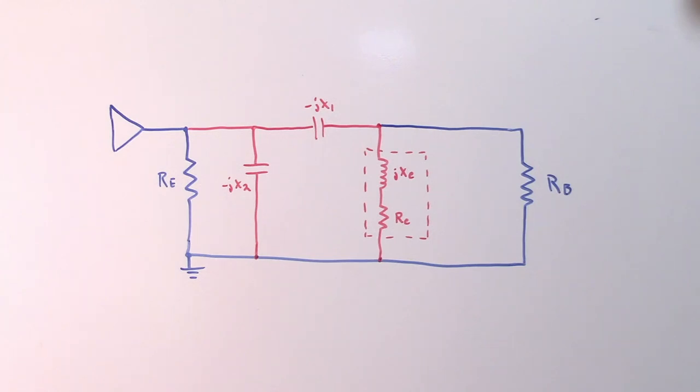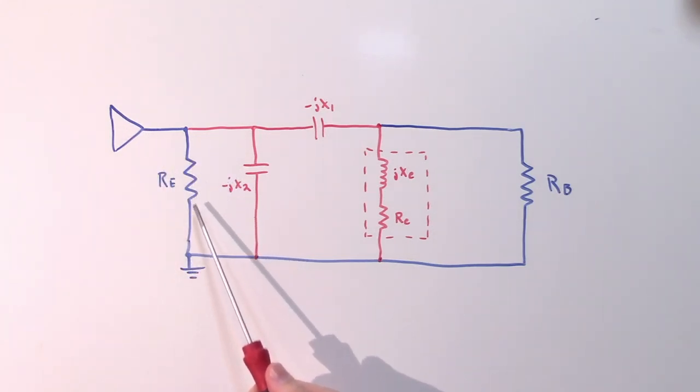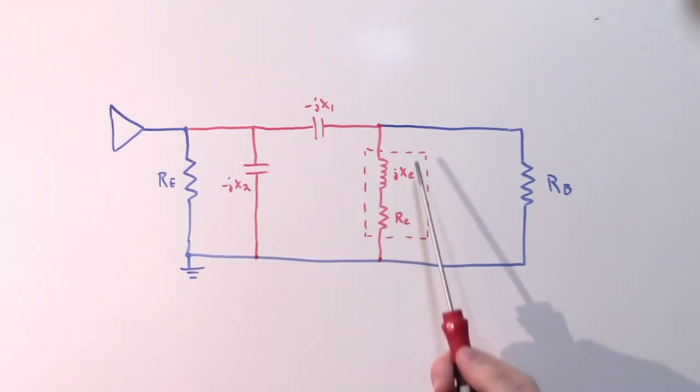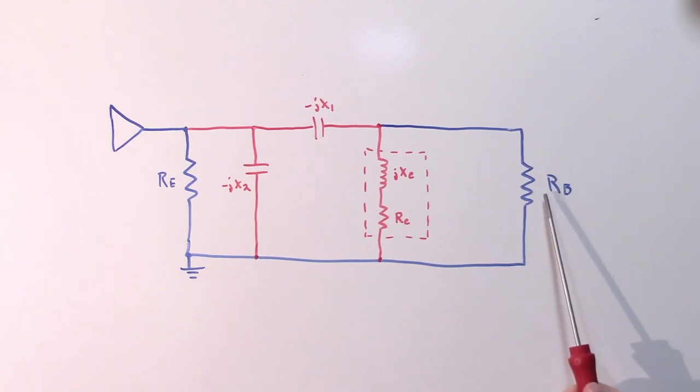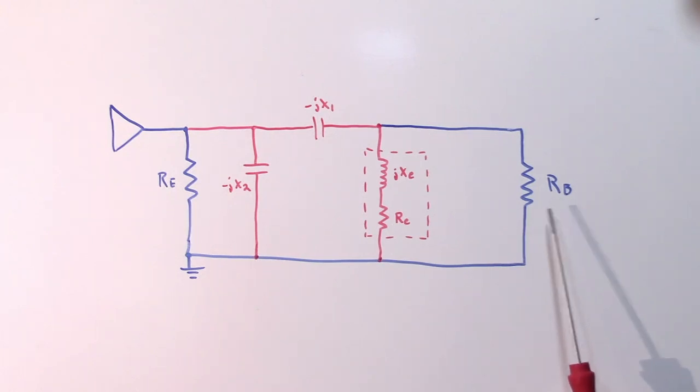Now, if we examine the load seen looking out of the amplifier's emitter, we of course have the emitter resistor, our feedback network, which we've seen before, and we have the input to the base of the transistor, since we feed this back into the input of the amplifier.